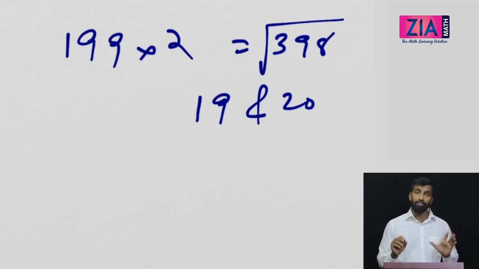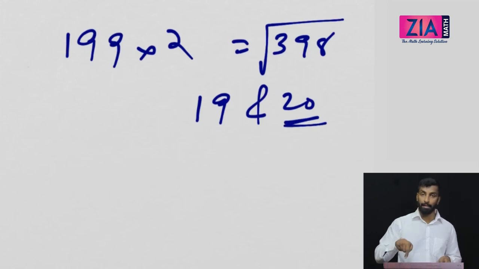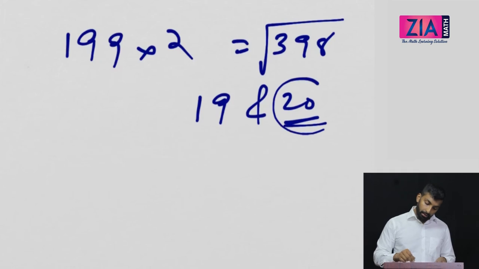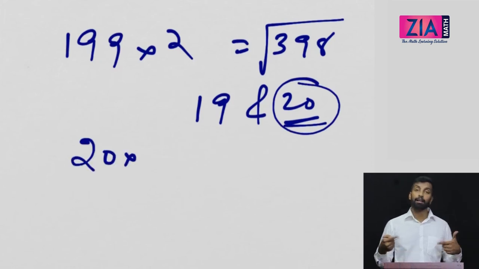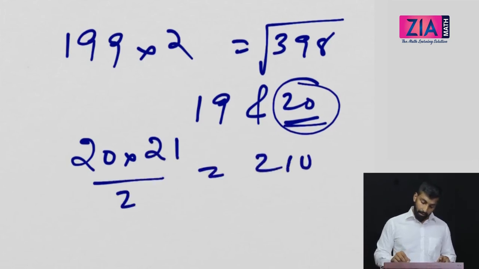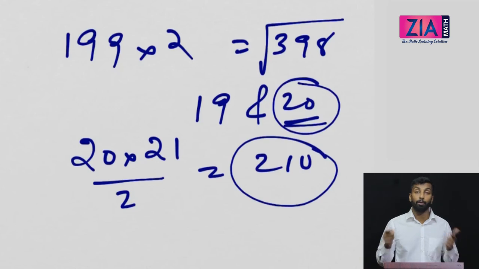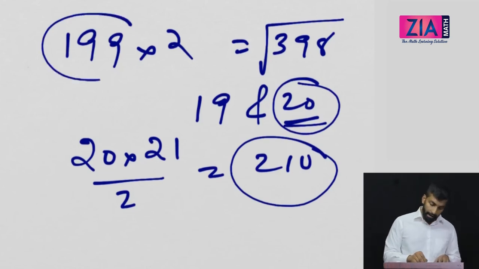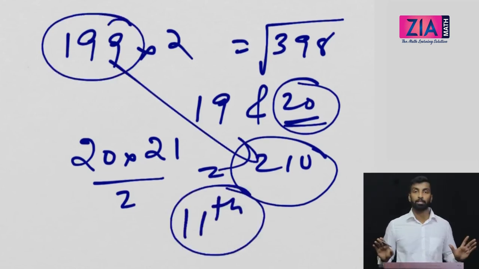So this n value is either 19 or 20. Which one will you take? You have to take 20 because you are missing a page. If you are adding a page, you will get 19. Now by using 20 you can find the actual sigma n: 20 into 21 by 2, you will get 210. So 210 is what you are supposed to get, but what you got is 199. Why? Because the 11th page you missed out.